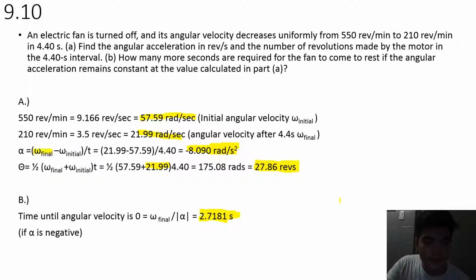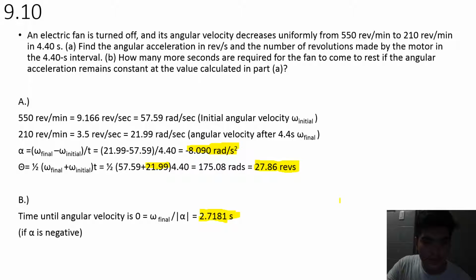We then subtract the initial angular velocity from the final angular velocity and divide it by time to get the acceleration. The acceleration we got is negative 8.09 rads per second squared. Then we must get the number of revolutions made by the motor in the 4.4 second interval.